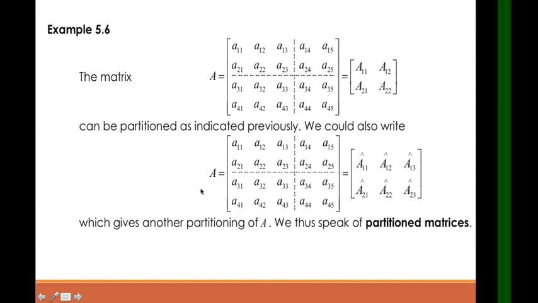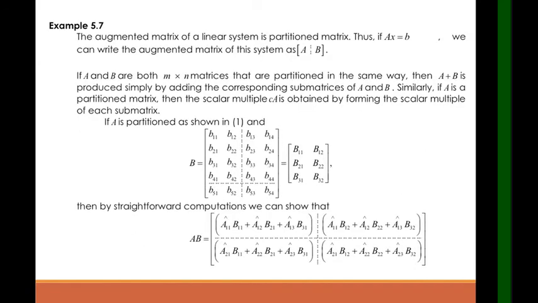We could also write that A is equal to A sub 11, A sub 12, A sub 13, A sub 21, A sub 22, A sub 23, which gives another partitioning of A. So, partition means getting the parts of the big matrix.